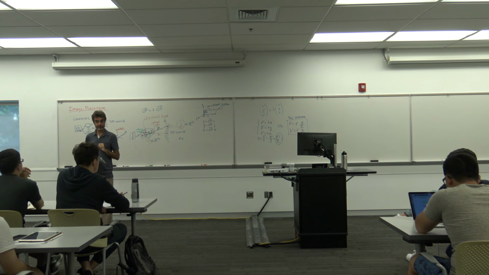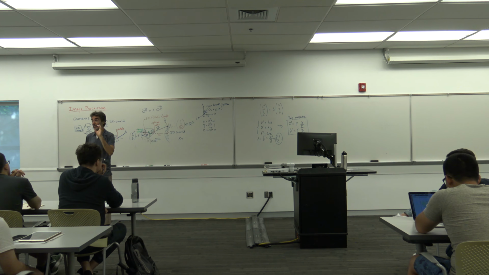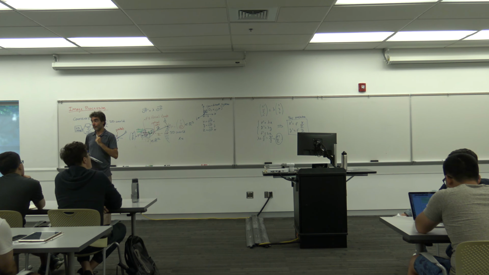Same for y prime and y. Z, on the other hand, is a divider, inverse proportional. So the farther away this object is, so the larger z is, the smaller the values x prime and y prime are going to be. You see that? So one is inverse proportional. The other one is proportional too, right?